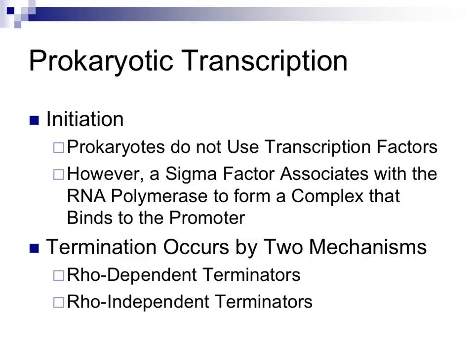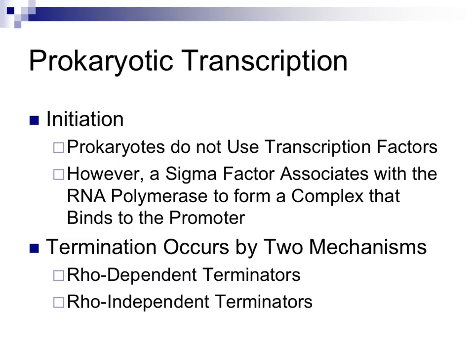First of all, prokaryotes are much simpler than eukaryotes. So prokaryotes do not use transcription factors. However, they use a protein called a sigma factor, which associates with the RNA polymerase and helps it to bind to the promoter region found in bacteria. So for initiation, sigma factor instead of transcription factors.